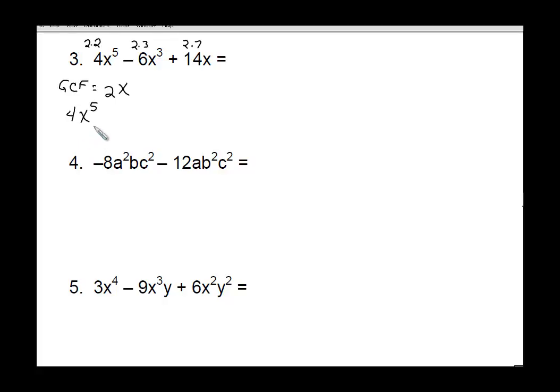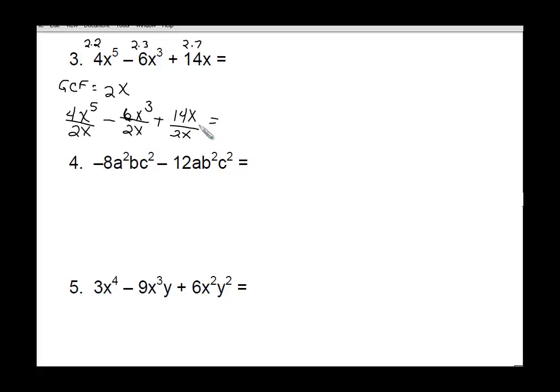So we have 4x to the 5th over 2x minus 6x cubed over 2x, and then plus 14x over 2x. Okay, got our division.